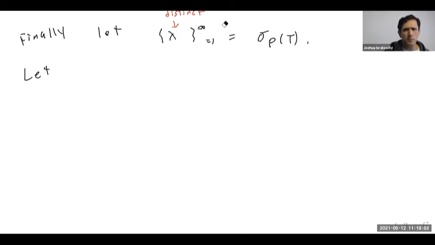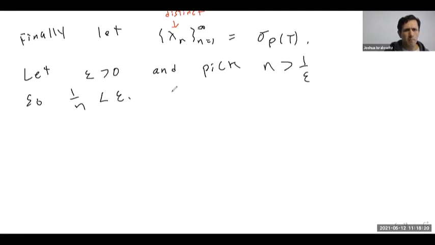Let's just prove this like we always prove something converges to 0. Let epsilon be positive, and pick n so that 1 over n is less than epsilon. We proved that each of these A_n is finite.